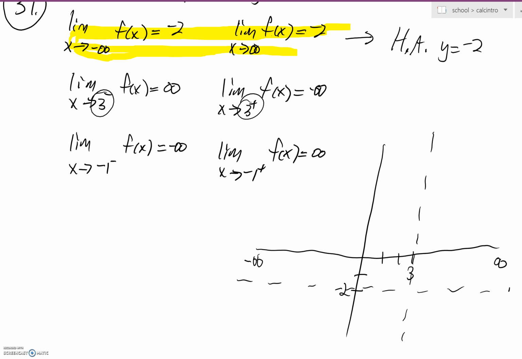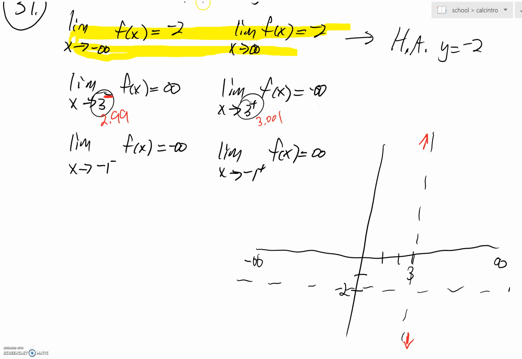Now from here, I'm going to change color and I'm going to say, look, 3 from the left side, like at 2.999, you're going to positive infinity, right? And then you'd say, well, 3 from the right, something like 3.001, you're going to negative infinity. Oh, look at that. I can show the behavior around the vertical asymptote, right?